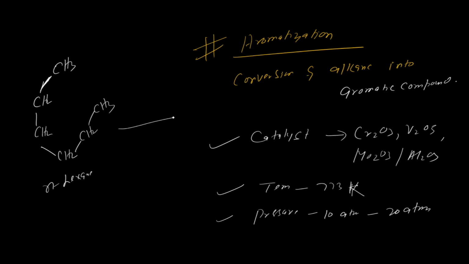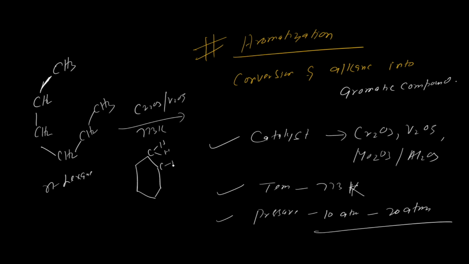When n-hexane is heated with Cr2O3 or V2O5 at 773 Kelvin temperature and 10 to 20 atm pressure, then first it will form cyclohexane. This cyclic compound will form first.